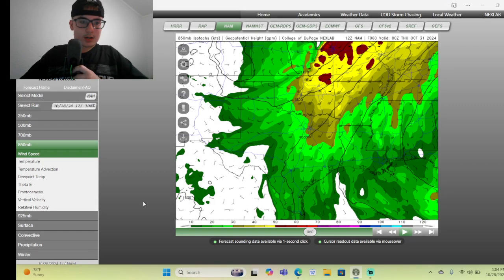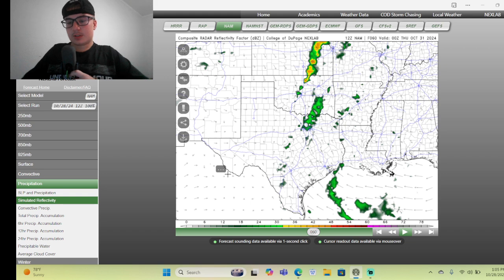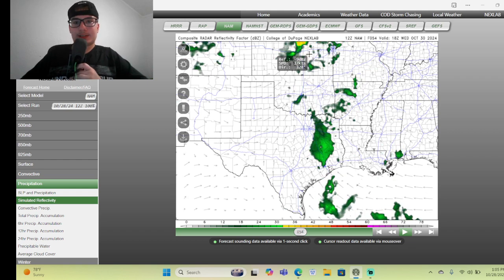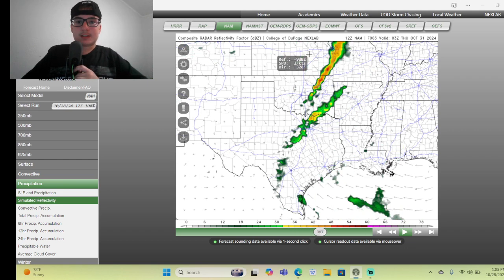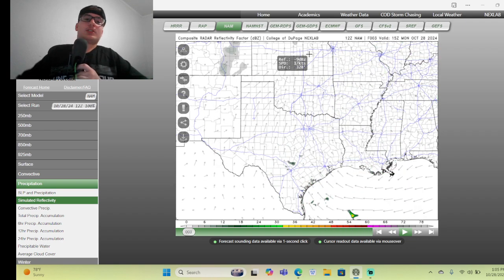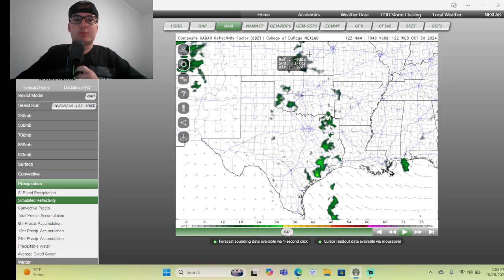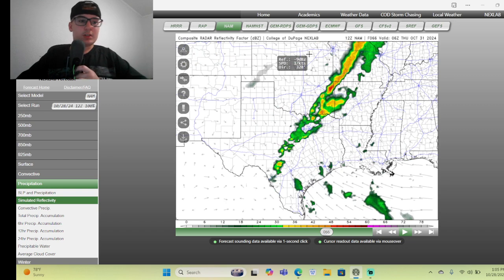So we go back to this reflectivity. You see these supercells actually starting to form a squall line. At 0Z Thursday, so right about midnight on Wednesday into Thursday morning, you get this big squall line that's just ripping through the southern plains into the OKC metro.